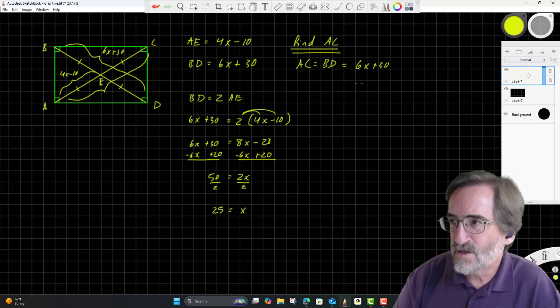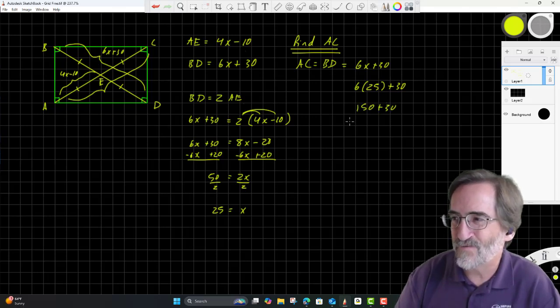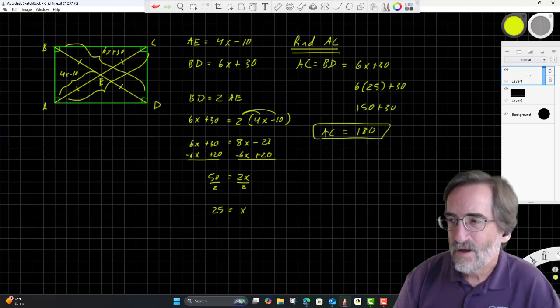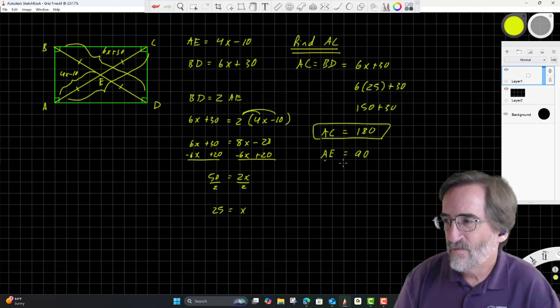So AC is 6 times 25 plus 30. If I have 6 quarters, I have $150, 150 pennies. 150 plus 30 is 180. So AC is 180, and if they'd asked for it, AE is half of that, which is 90.